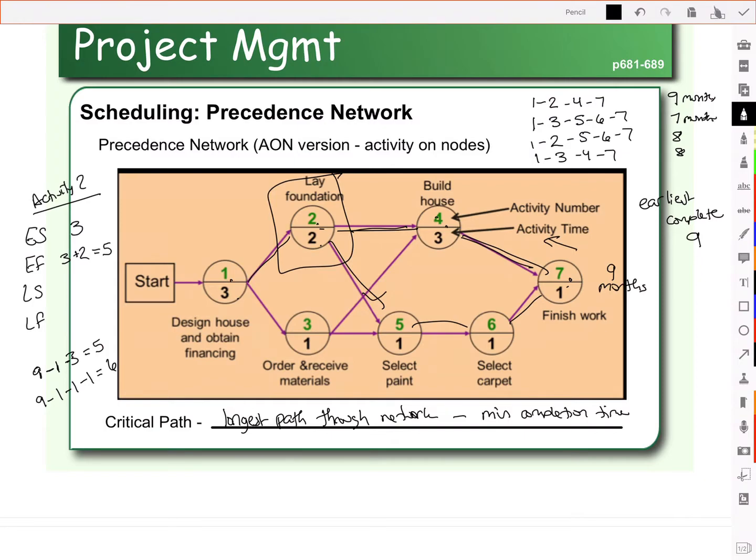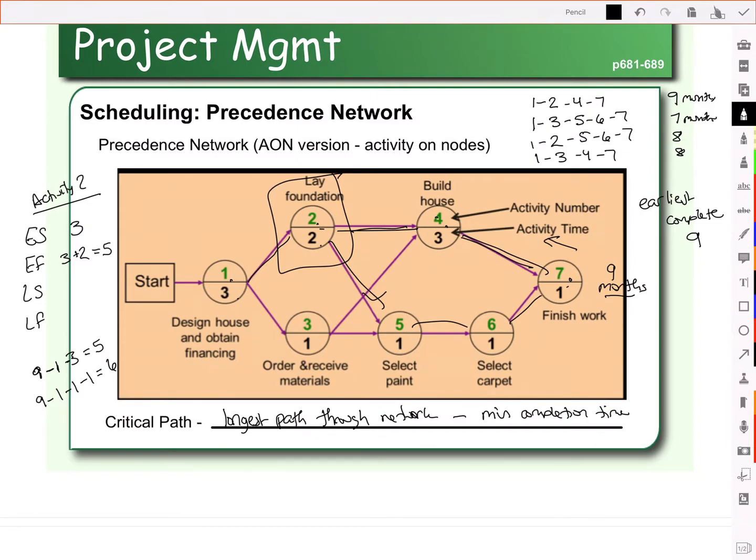So we said that the overall project takes 9 months to complete. So we need to make sure that after we finish activity 2, there's still time to do the remaining activities to hit our 9-month deadline. Which means to find the latest we can finish and then the latest we can start, we have to work backwards. So we'll start with 9 months and we'll work backwards.